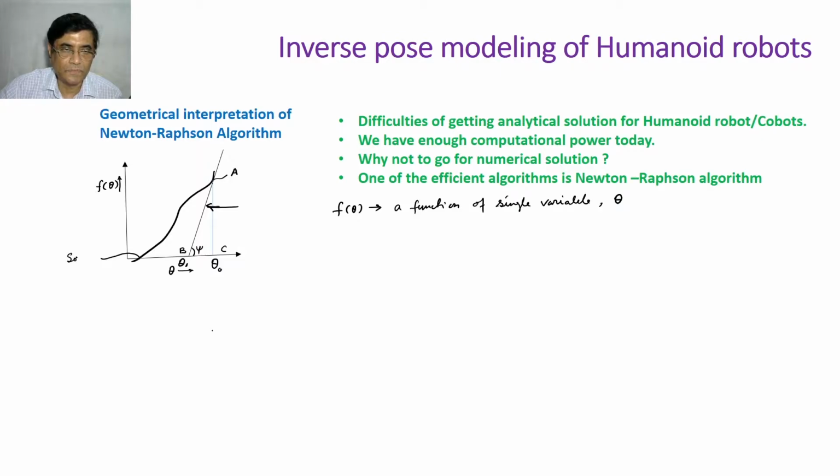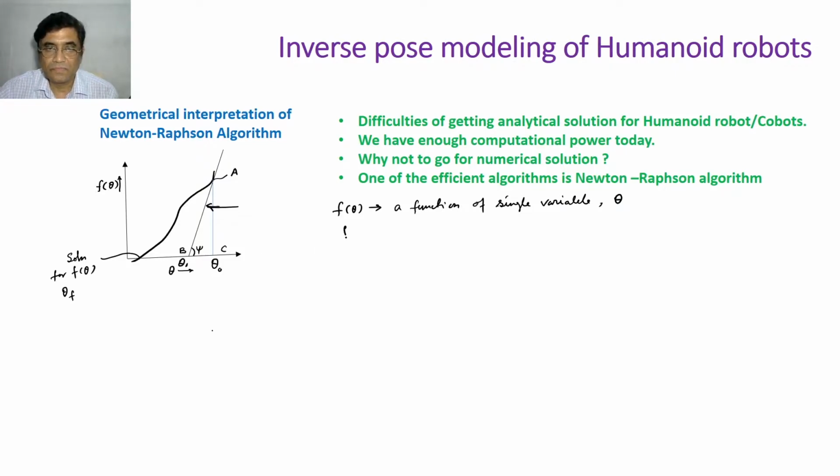This is a solution for f theta. Say this is the value theta final for which this solution can be obtained. So you'll have to run the algorithm so that you can start from anywhere, and go slowly but steadily in this direction so that you can reach this point for which the function value f of theta is 0, right?